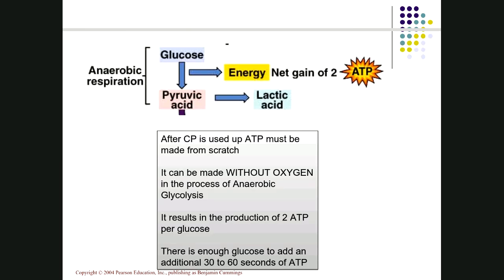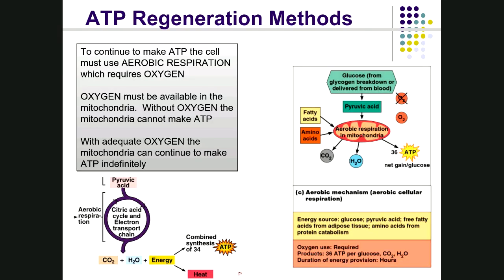So the other way is not anaerobic, it's aerobic. And aerobic requires oxygen. You have to have oxygen. Remember, we get oxygen from the air, but it's not at our muscle cells. We have to get it out of the air and into the blood. And then we have to get the blood to move around to the cell.